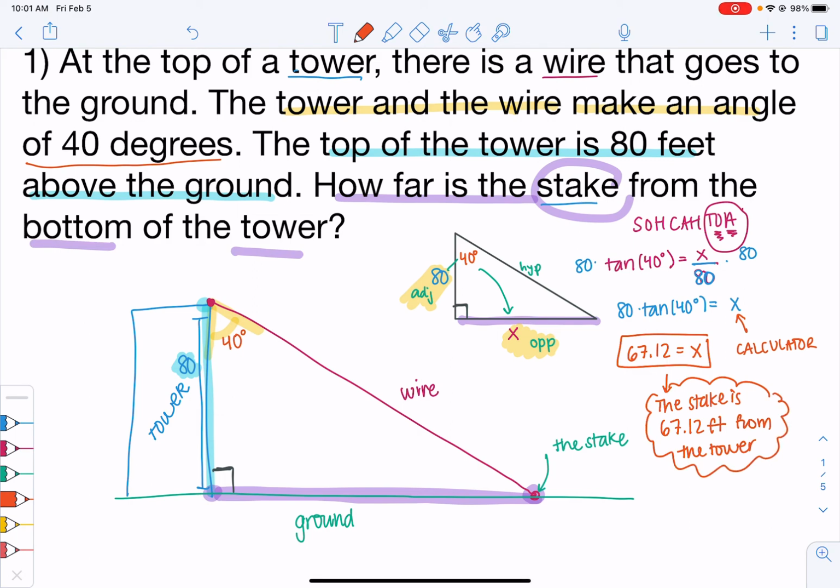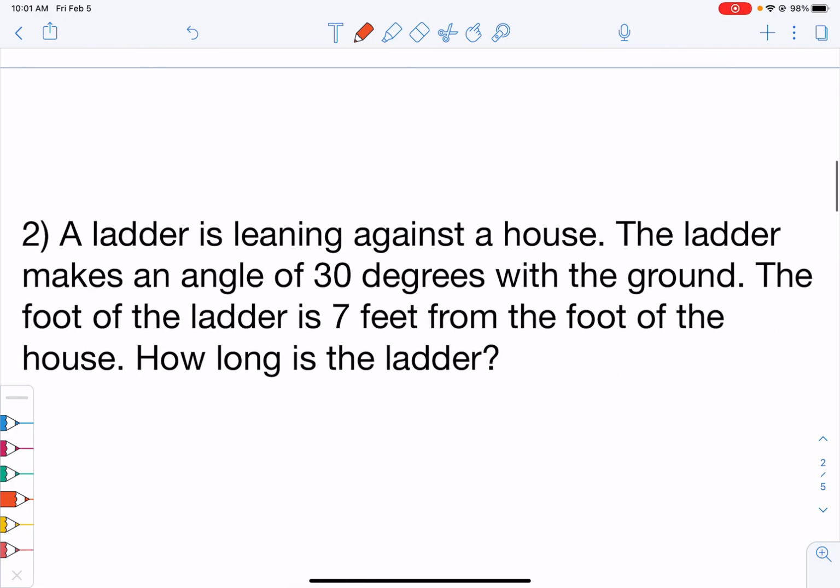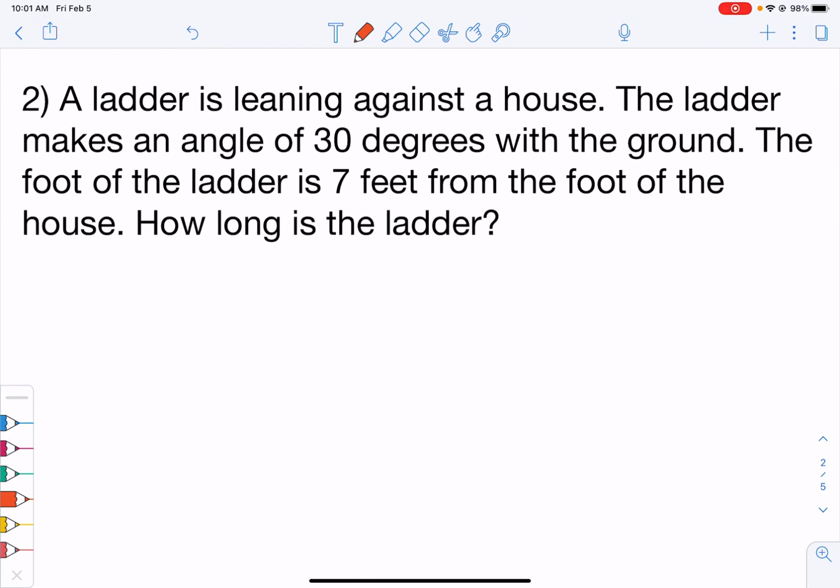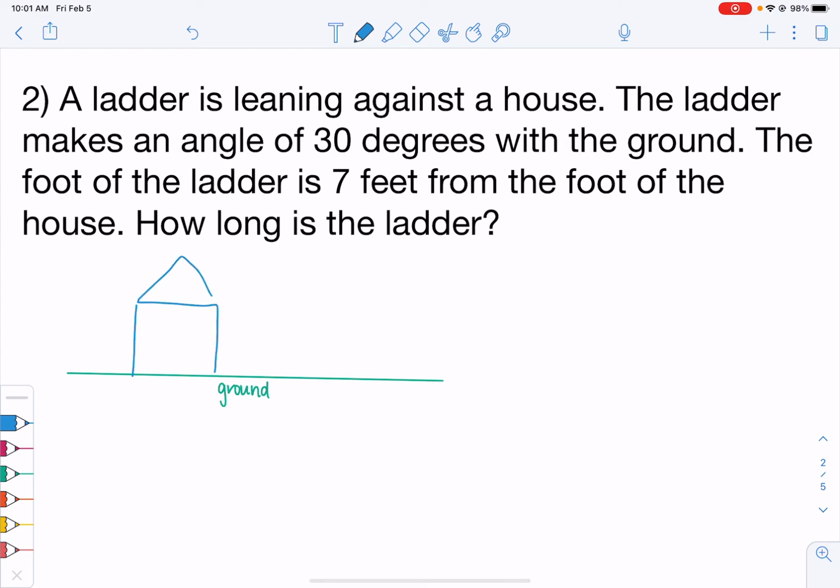Let's try another. A ladder is leaning against a house. So maybe the first thing we want to draw is, here's the ground. Here's my house.